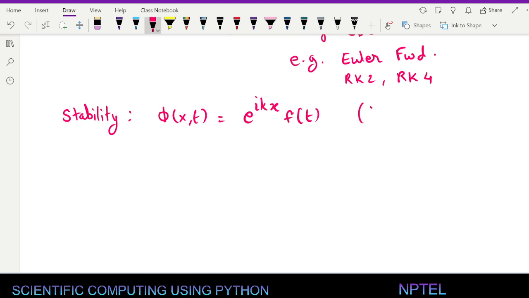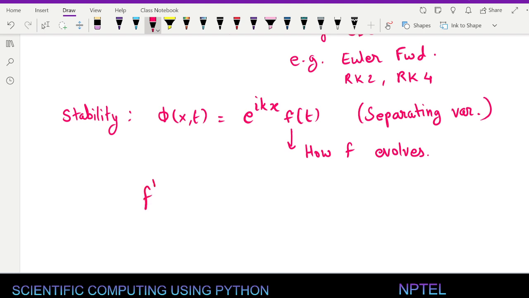So what you are doing is separating variables, and then looking at how f evolves. If f dies, then it's okay when the solution is supposed to die, and otherwise it's erroneous, then you say it's unstable, right?